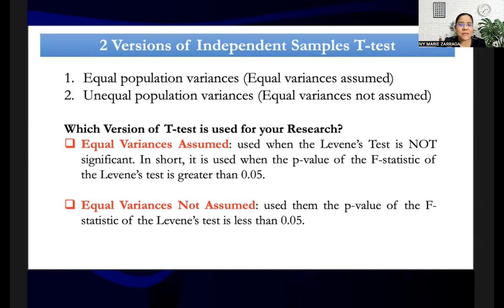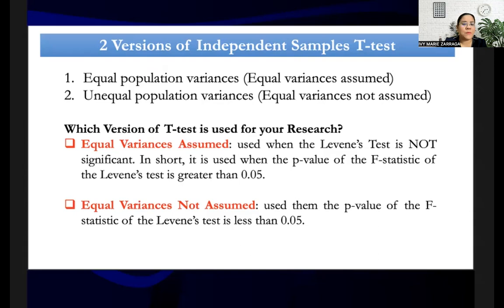So if the F statistic or the SIG or the p-value of the Levene's test is greater than 0.05, it means it is not significant and we will use the version of equal variances assumed. So we look for the SIG under the Levene's test. And if it is less than 0.05, it means it is significant.